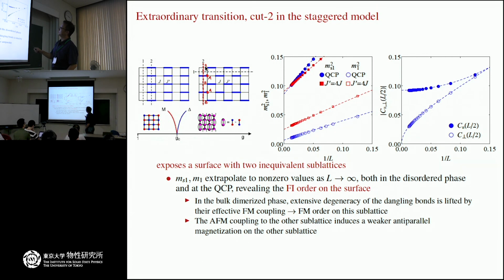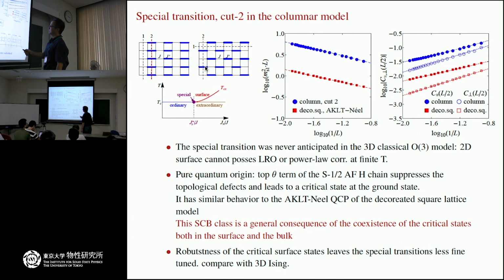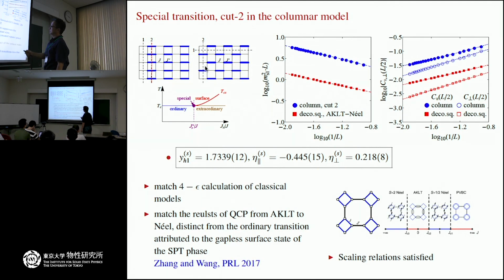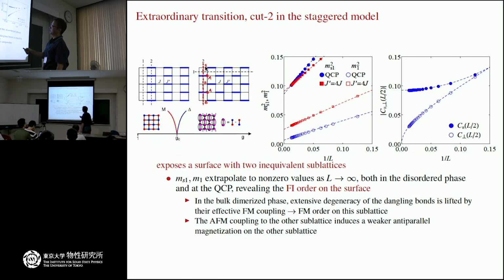This blue symbol, if the bulk is at the critical point, we still see very strong staggered magnetization, and also uniform magnetization. So this shows that the surface is in this ferrimagnetic state.